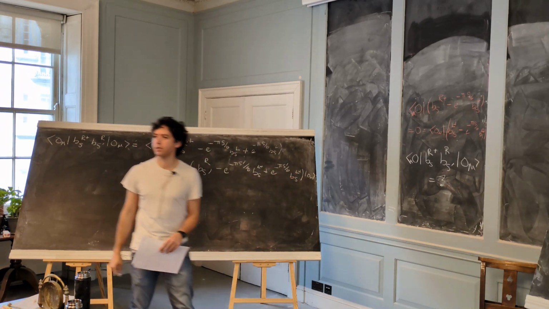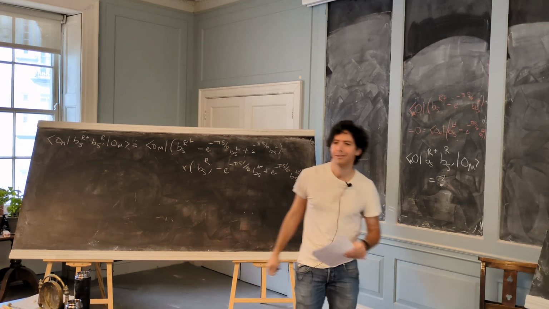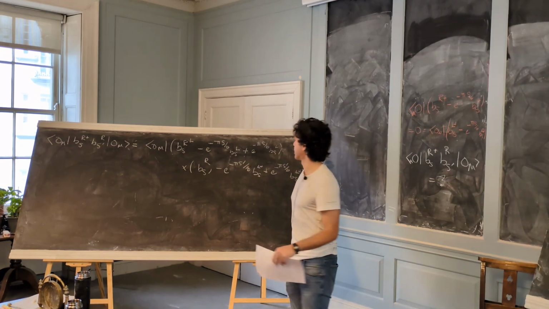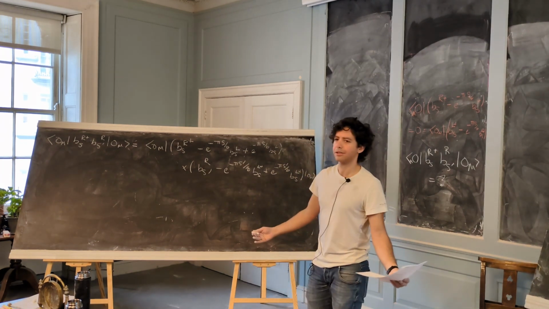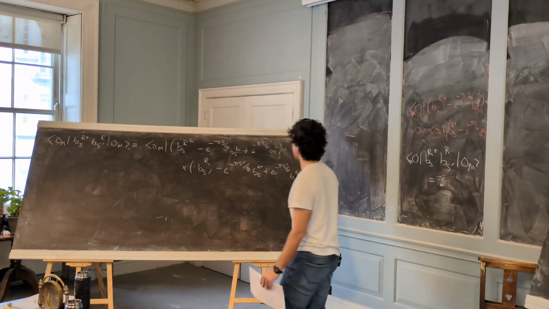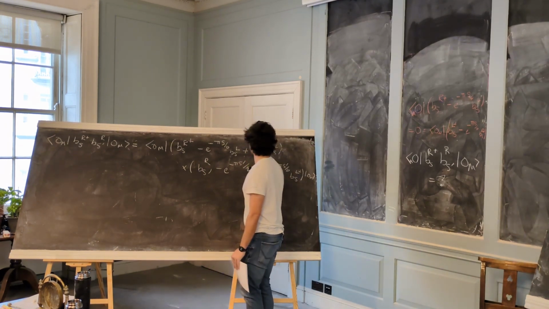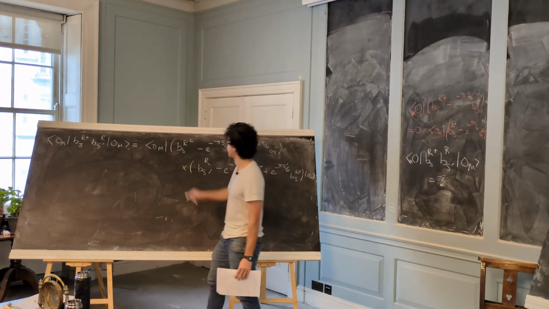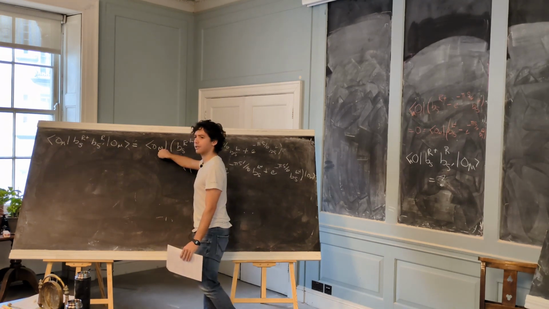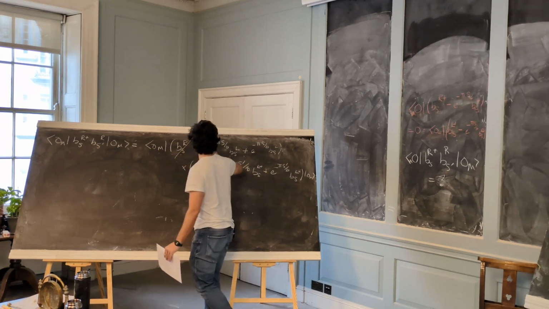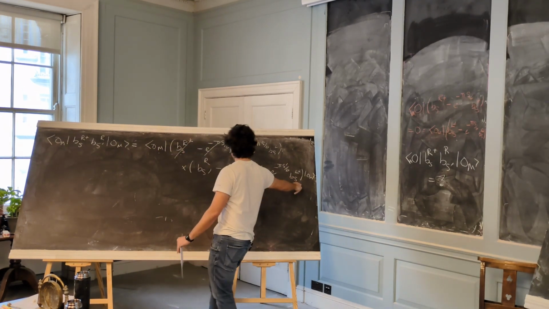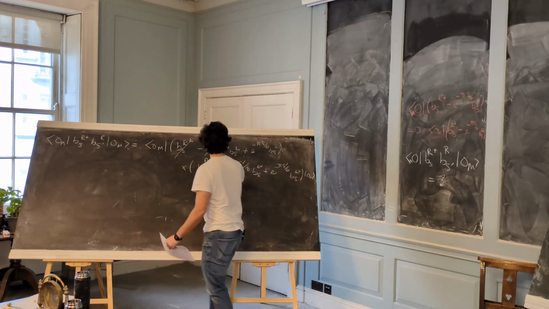You guys agree? I haven't changed anything in the equation. I've added and subtracted something, but that gives 0. But now notice that I can use my relations. This plus this acting on this guy, 0, cancel. This plus this acting on this guy, 0, cancel.